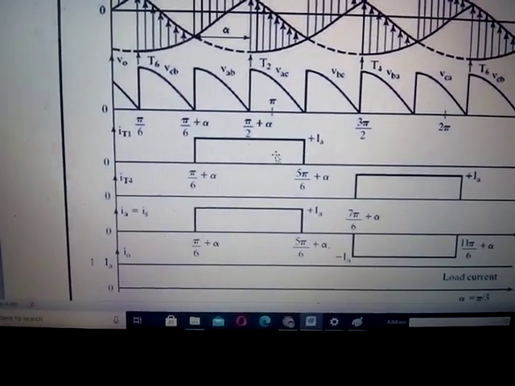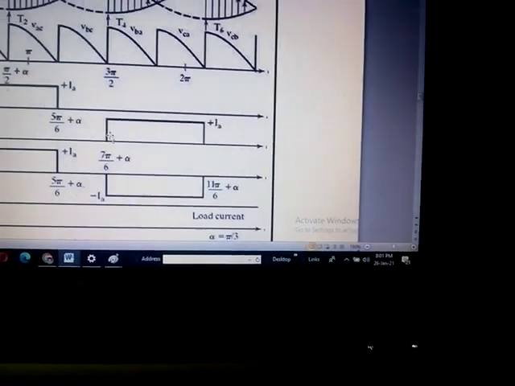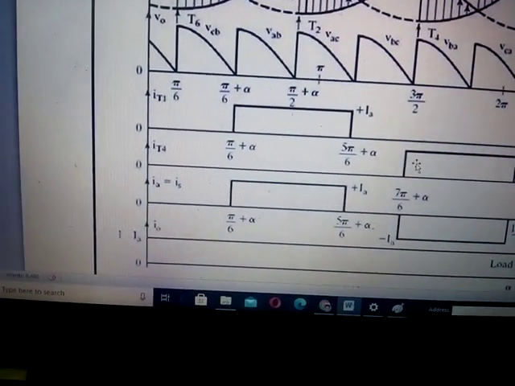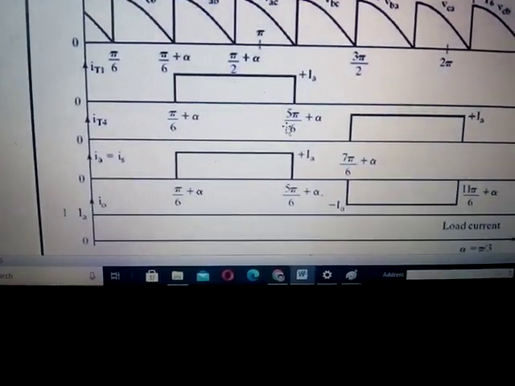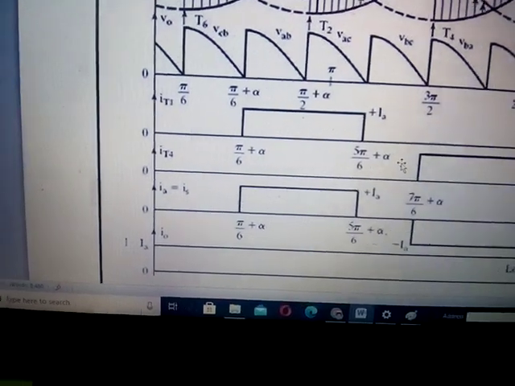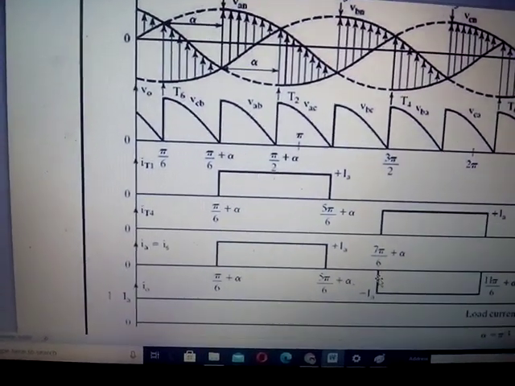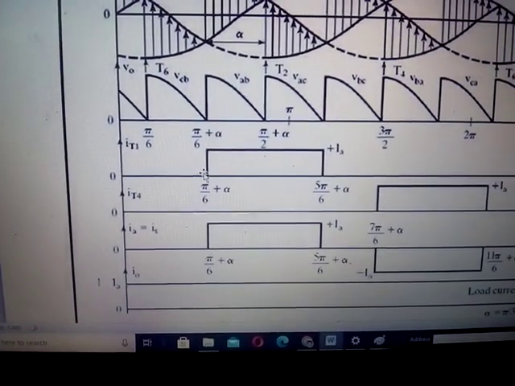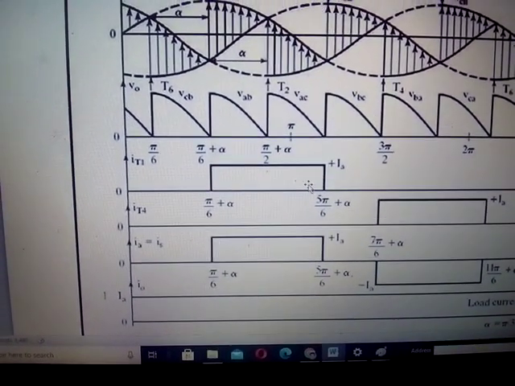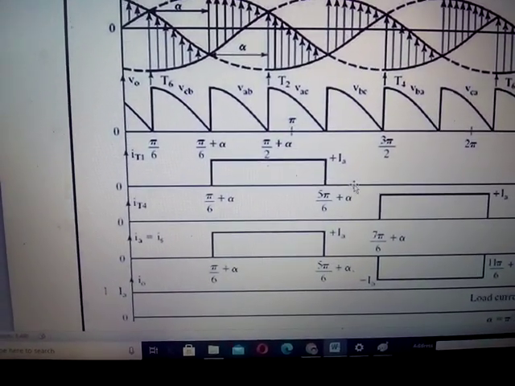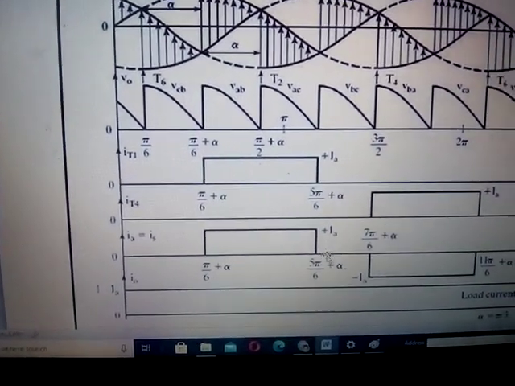Say thyristor 1, IT1, and then you have IT4 here. They are displaced by pi: 60, 120, again 60, so 180 degrees.